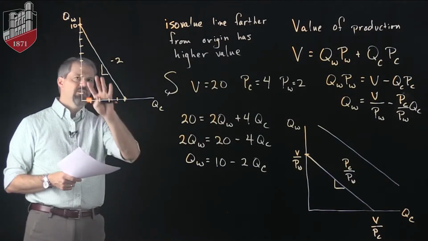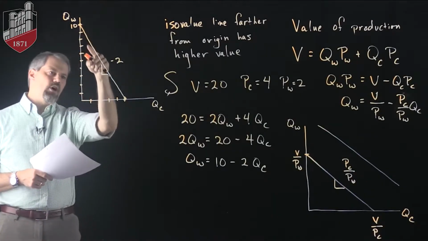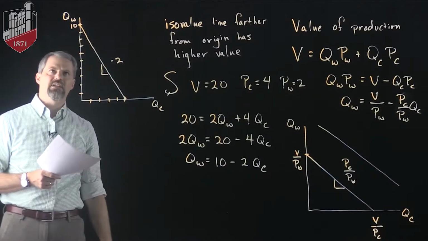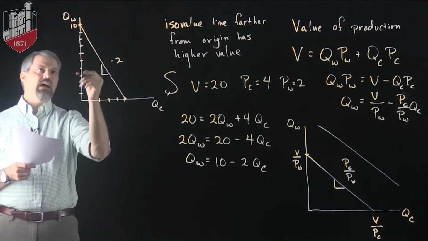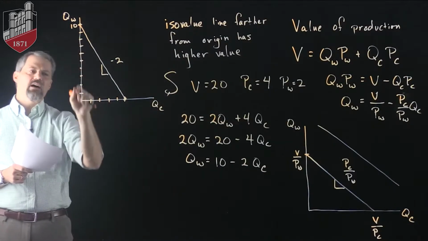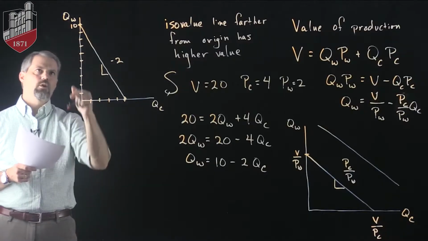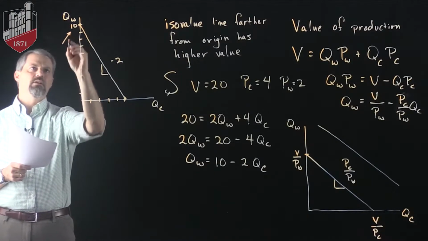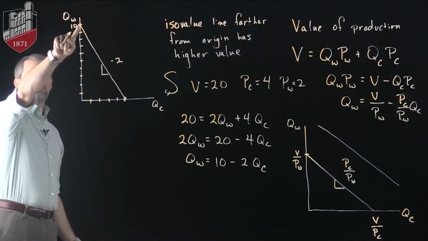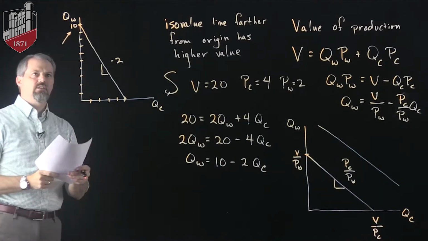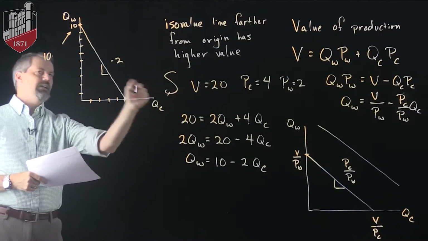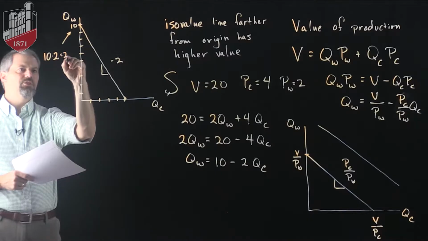So that line represents all of the possible bundles of wine and cheese that have a value of, excuse me, 20. Let's think about how each of these endpoints works. So this endpoint, where the country is producing 10 units of wine and no cheese, 10 units of wine times the price of wine, which is 2, is equal to $20.